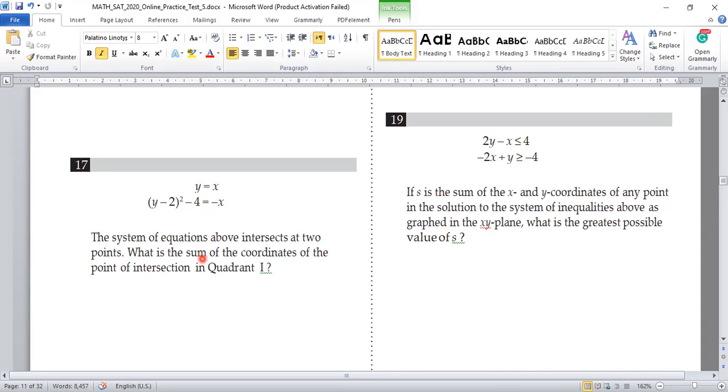So it's better to use the substitution method. Get the value of any variable from any one of the inequalities, because the equal sign is also given.